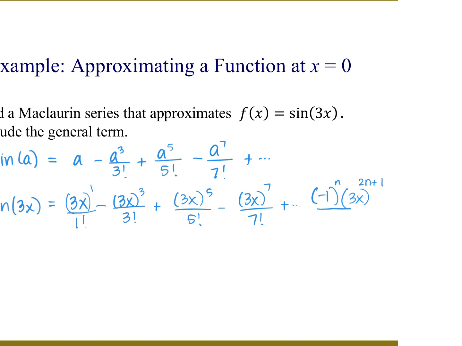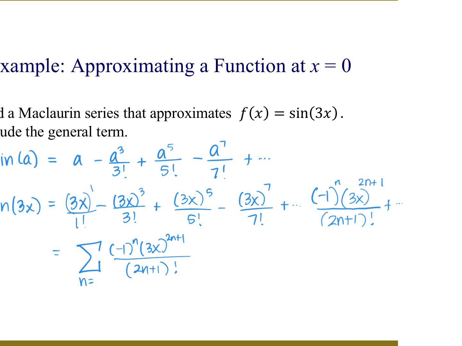So then if 2n plus 1 is your power, then 2n plus 1 quantity factorial should be your base as well. So that would be the general term. You would write it as the sum of -1 to the n, quantity 3x to the 2n plus 1 over quantity 2n plus 1 factorial, as n starts with, and you're saying that, Christian, you need your n to start where?